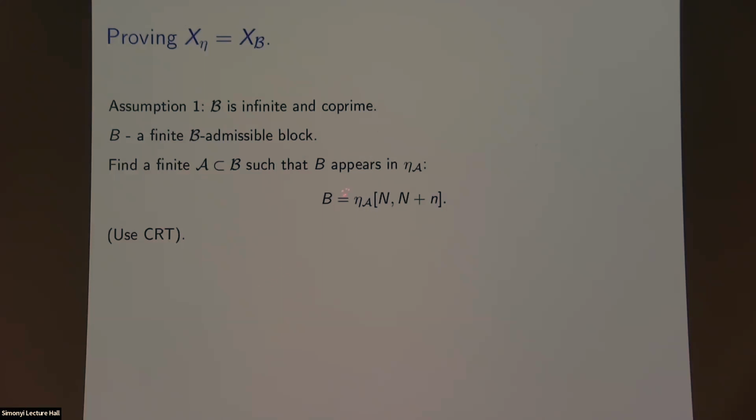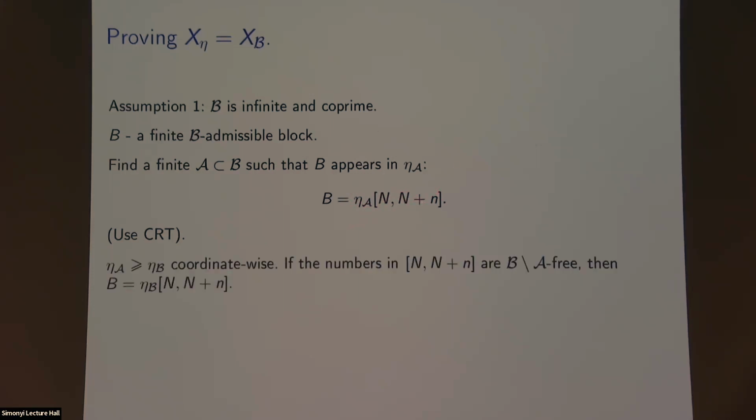Say the block appears in eta A over the interval from n to n plus small n, somewhere. It's easier to be A-free than B-free because B is bigger. It means that eta A dominates eta B coordinate-wise.